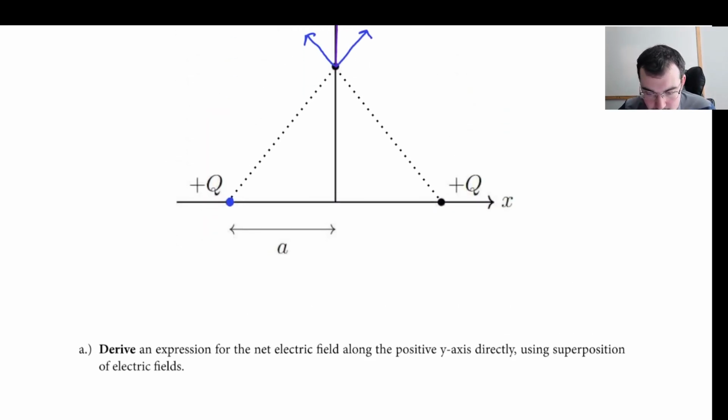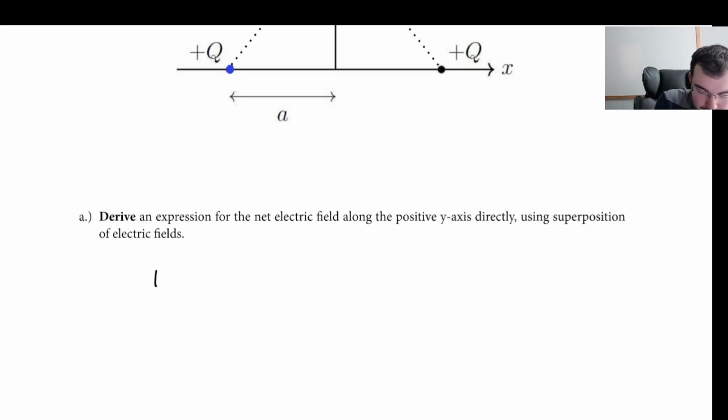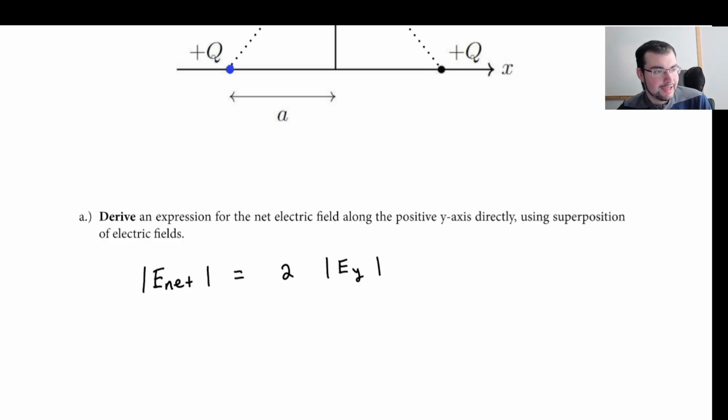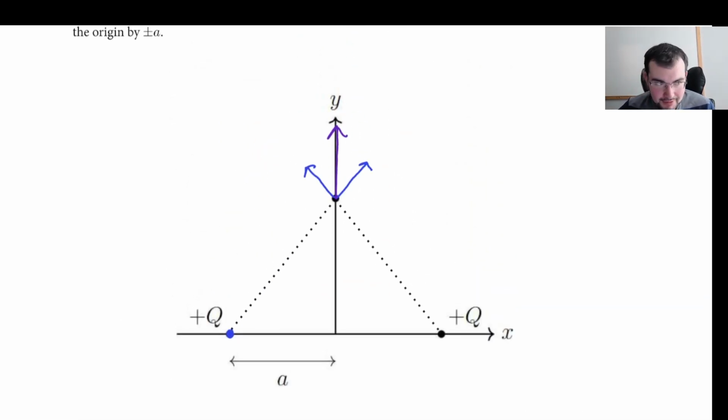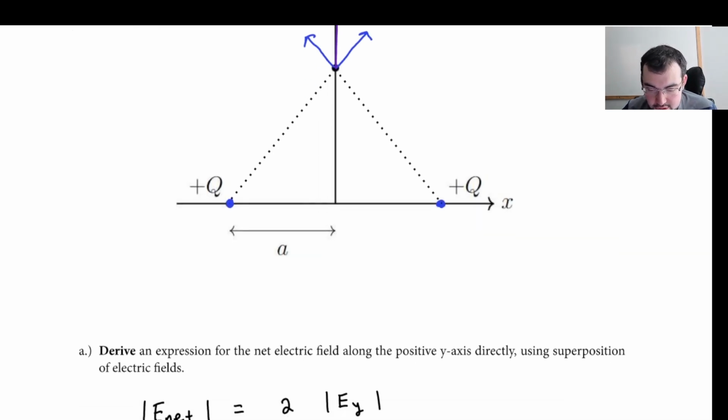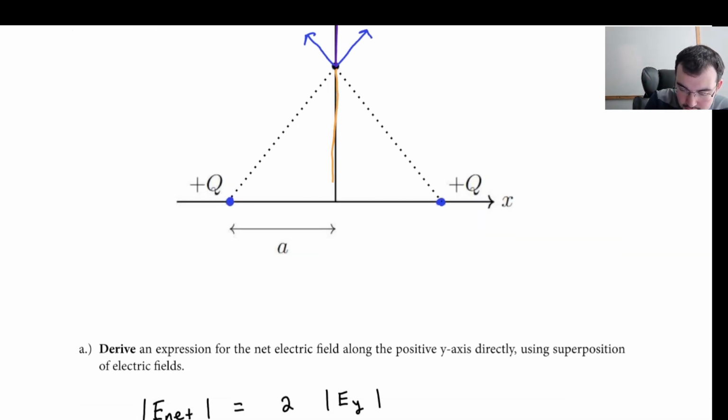So we know that my net electric field in this problem is going to be 2 times the y component of 1 electric field, because the x components cancel and the y's add. So my net field is just 2 y fields. And of course, if we're dealing with extracting components, that means we need to draw some sort of a right triangle and use some trig to break this triangle apart.